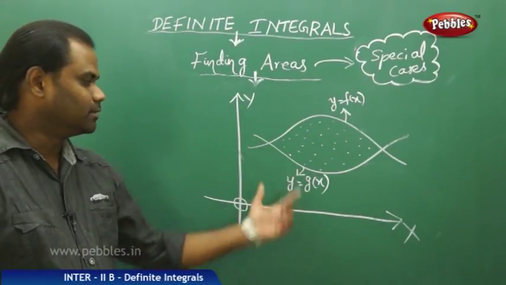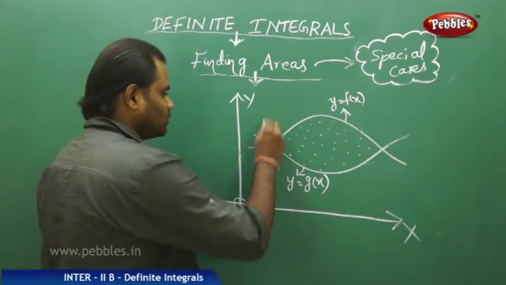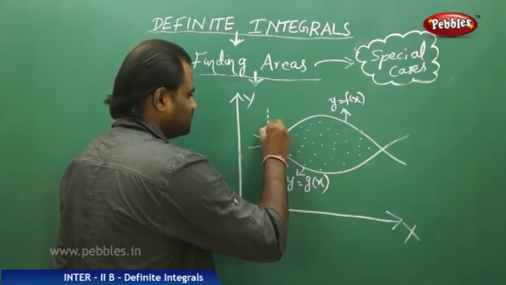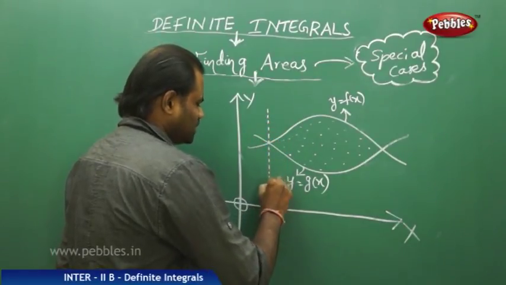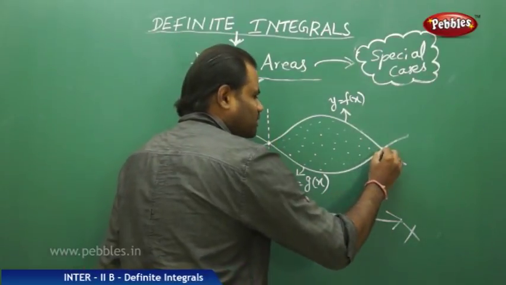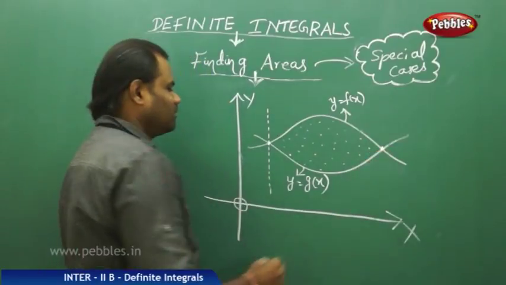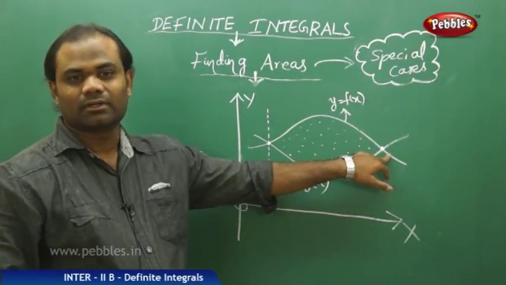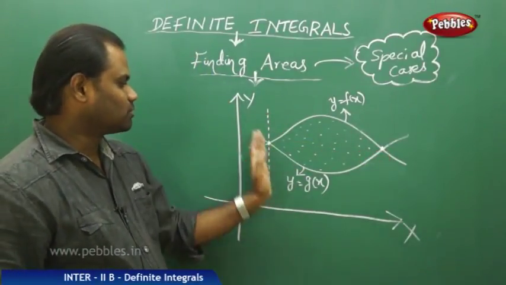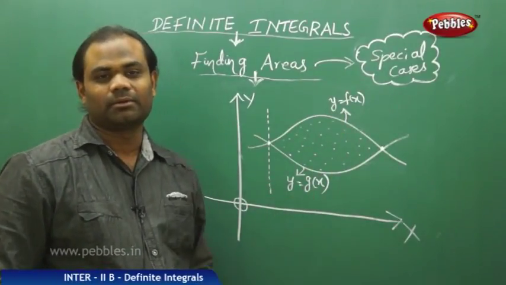How do we find them? That is the biggest question. We have two points of intersection, one here and the other here. Points of intersection of the two curves will help us in deriving the lower and upper limits.